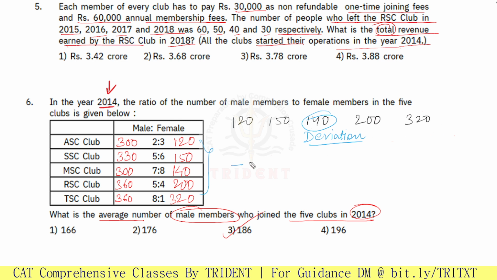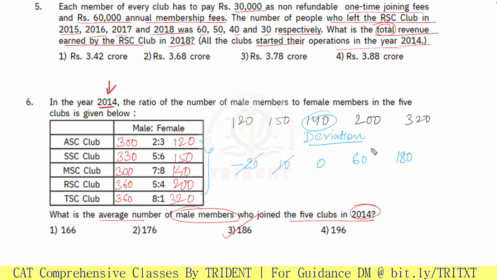So the first one, the deviation is -20. The first one is 120, this is 140. Deviation is -20. It's a +10, so I'll just write 10. Third one is 0, this one is 60, and this is 60 plus 120, that is 180. But this is a little too large, don't worry.